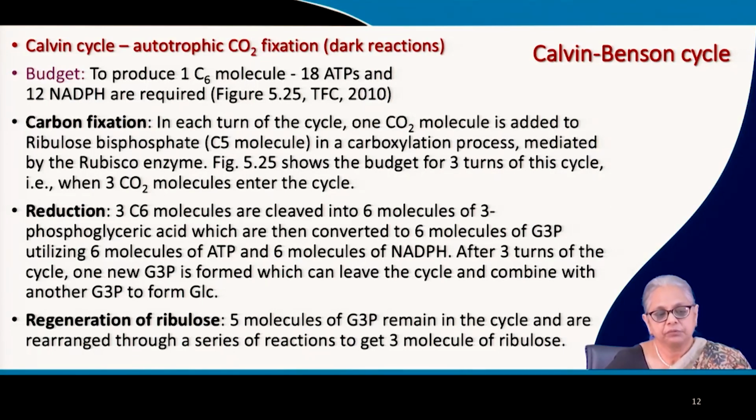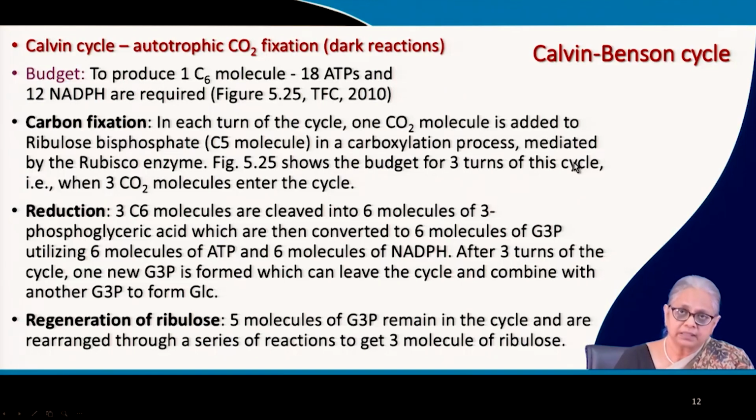So let's start with the very first step. In the first turn of the cycle, one carbon dioxide molecule is added to ribulose bisphosphate, which is a C5 molecule, and this is a carboxylation process. It's mediated by what is called the Rubisco enzyme, and you can refer to the figure. Now the figure in the textbook shows the budget for 3 turns of this cycle.